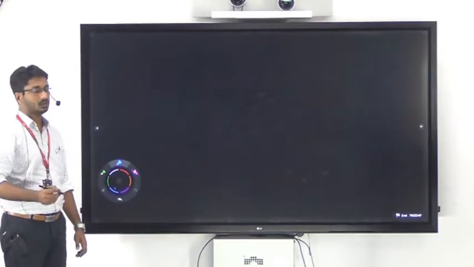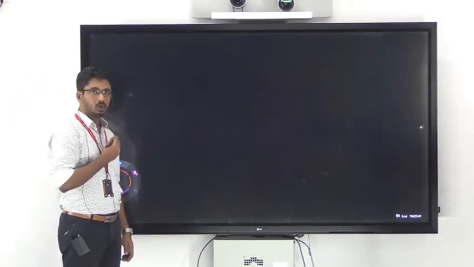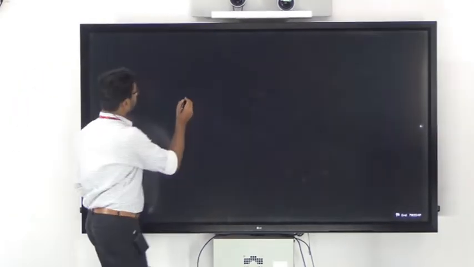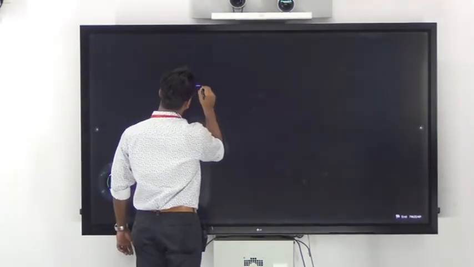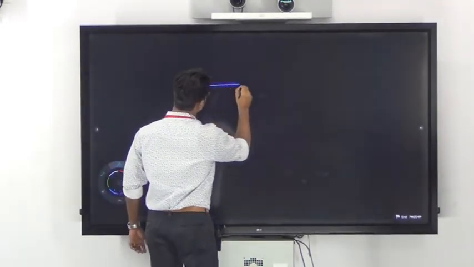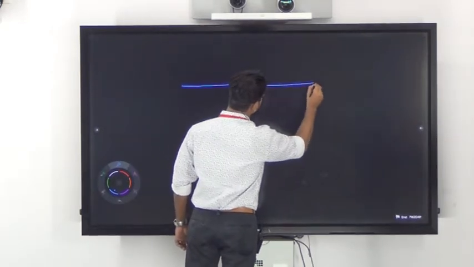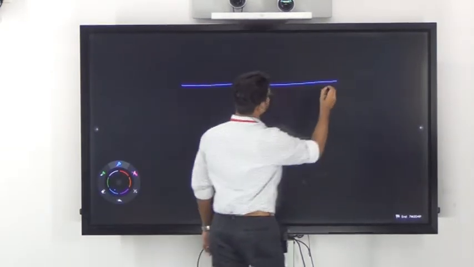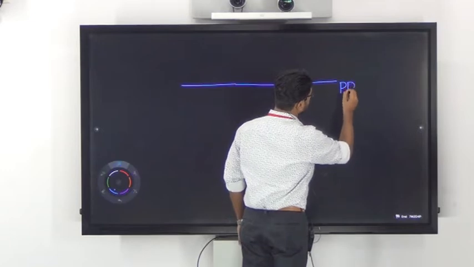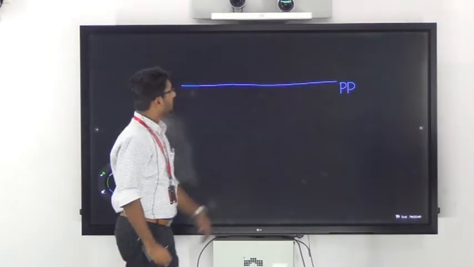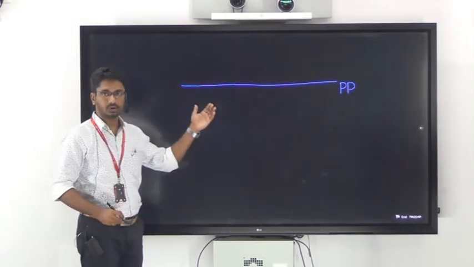So first we are drawing the top view of the picture plane. So this is the top view of the picture plane, which is named as PP. Now we have to draw the top view of the cube.